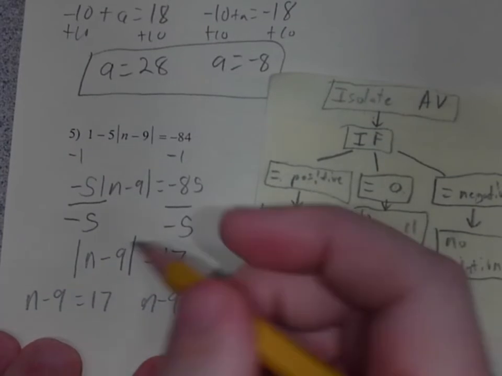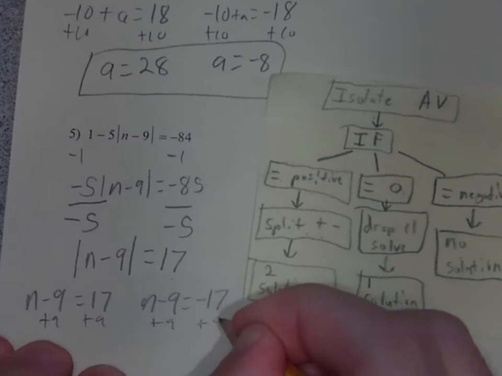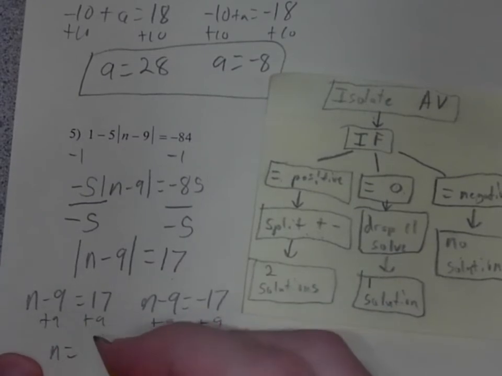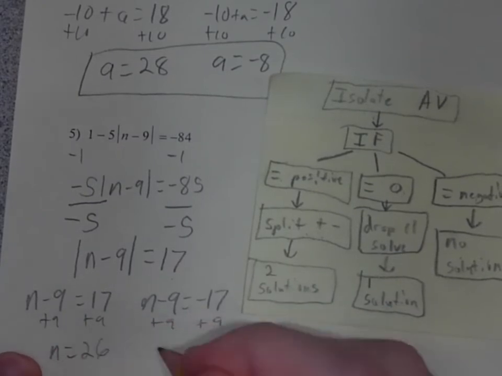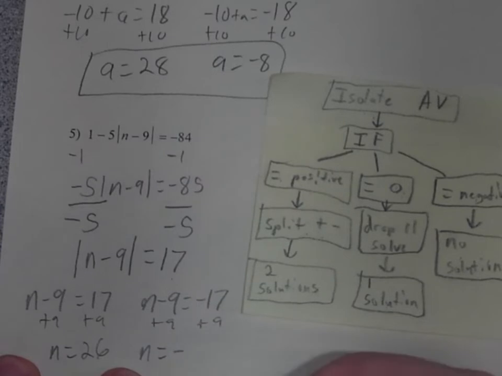So then you would just add 9 to each side, and n could equal 26, or n could equal negative 8.